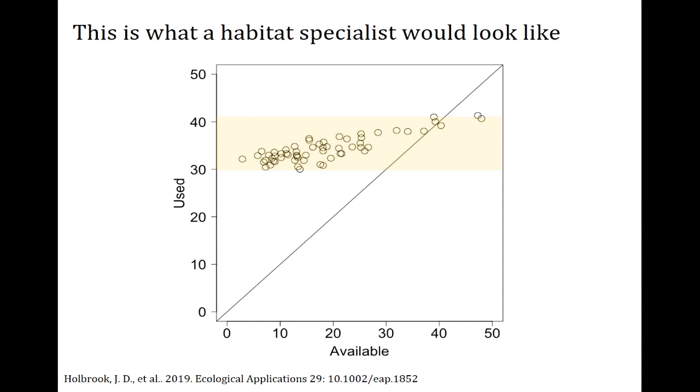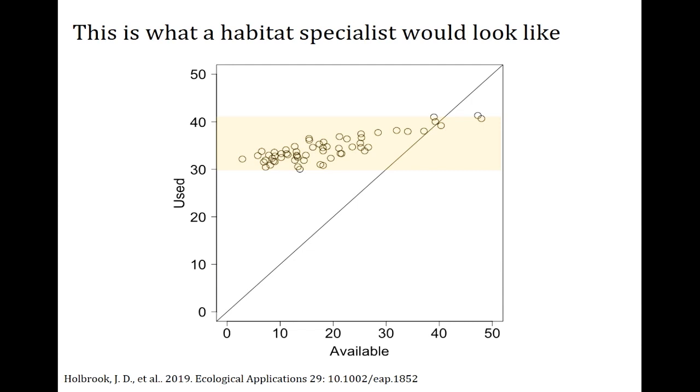An easy way of looking at this is comparing availability on that x-axis to what they're actually using. You look at the average percent cover of shrubs out there on the landscape, and then the average percent cover of shrubs in a place where a sage-grouse nest was found. If they're a habitat specialist, what you'd expect is that regardless of variation in availability, they're going to be selecting a pretty narrow range of that variable at their nest sites.